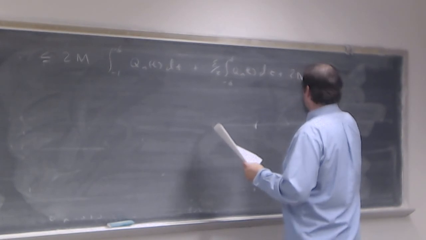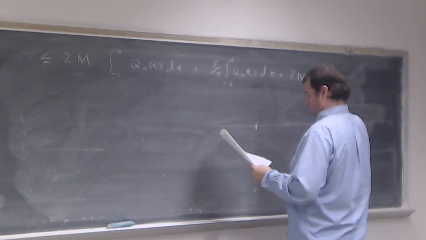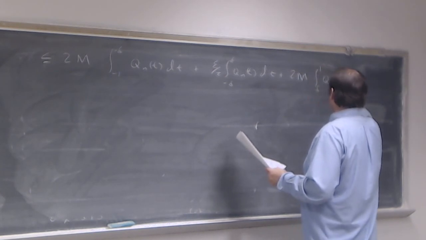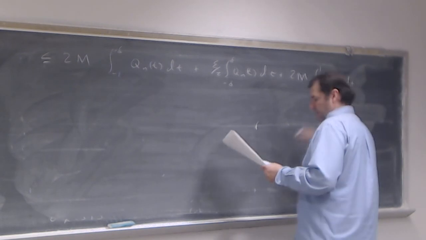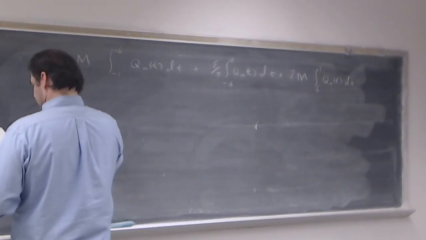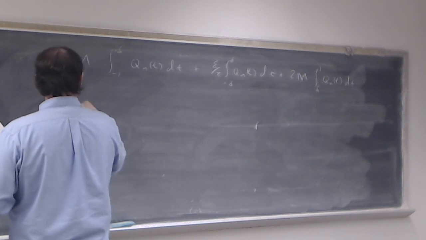Plus, this is 2m again for the last interval from delta to 1 of q sub n of t dt. We had something about those intervals, so it's less than or equal to 2m.